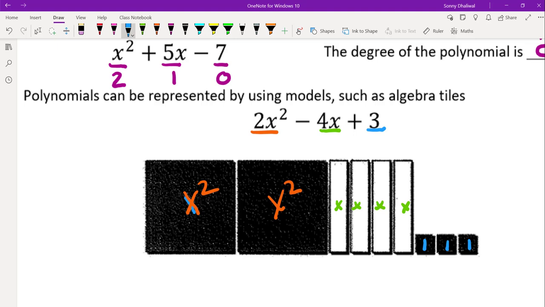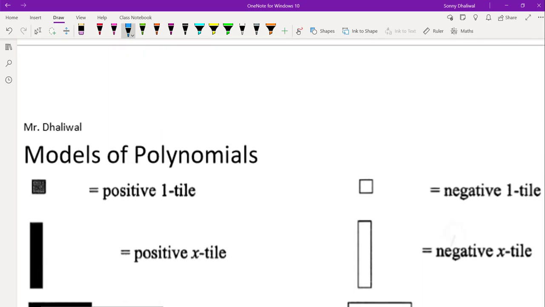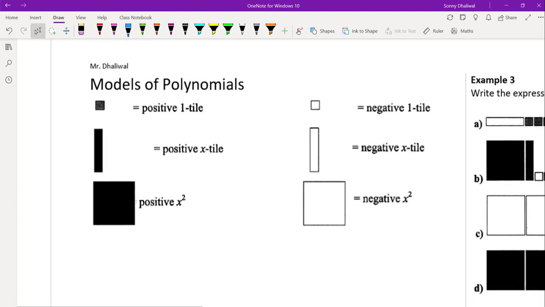Now, in general, if I'm working with these on a quiz or a test, I'll give you this as a legend. You don't have to memorize this. I'll give you that. But you need to know how to work with them if they ever do show up. The only thing I didn't talk about with those shapes is some of them were black, some of them were white.